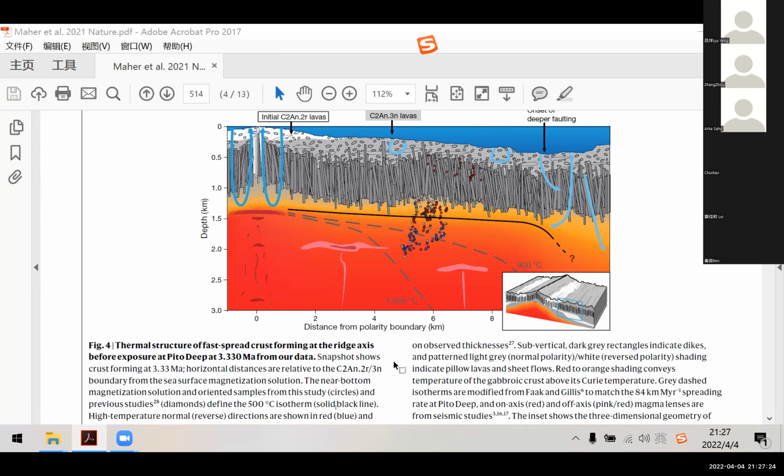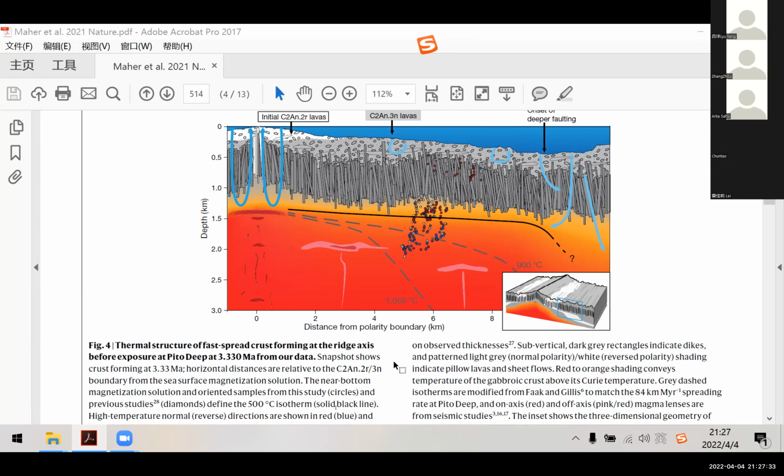Or if a sample catches a lot of magnetic polarities, we say that the sample cooled slowly, whereas a fast cooling sample stores only one kind of magnetic direction. So that is what they're trying to do: comparing with the lithology and the magmatic activities and setting the temperature using a magnetic study. They are trying to correlate with the magmatic evidence, that is my idea after reading this paper.